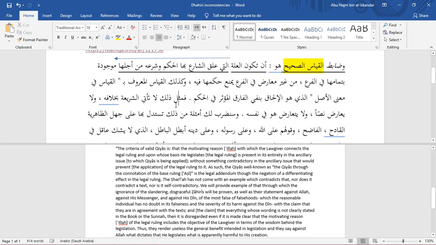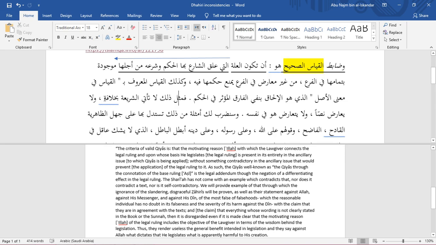He says, fa mithlu dhalika la ta'ti al-shari'ah bikhilafihi. He says the Sharia has not come with an example of that. The Sharia has not come with an example which contradicts that.